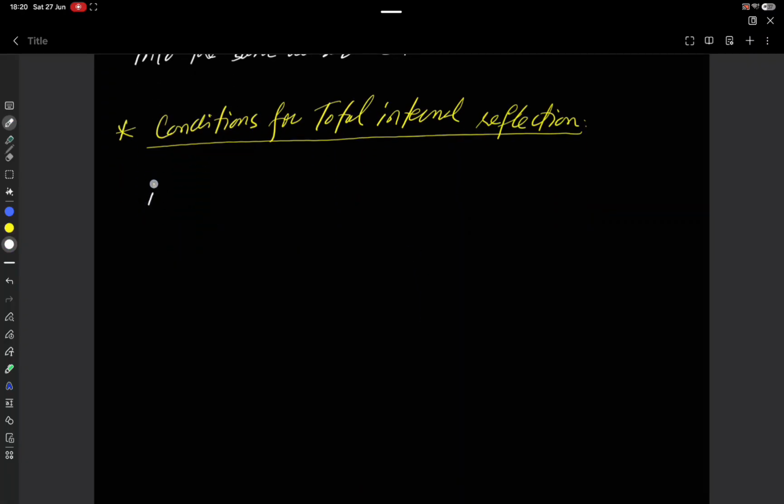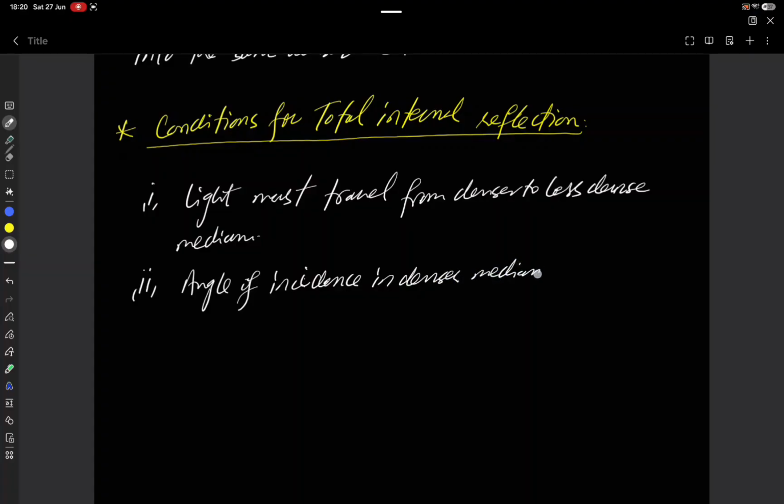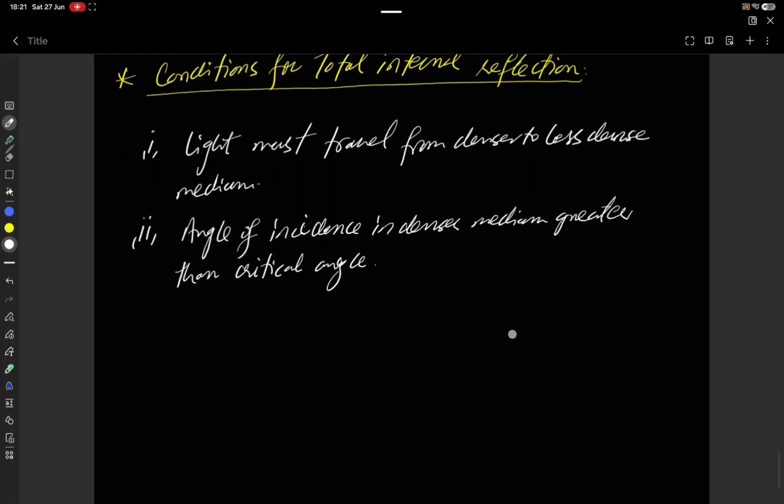So for total internal reflection, number one, light must travel from a denser to a less dense medium. Number two, the angle of incidence in the denser medium must be greater than the critical angle. So these are the two conditions.